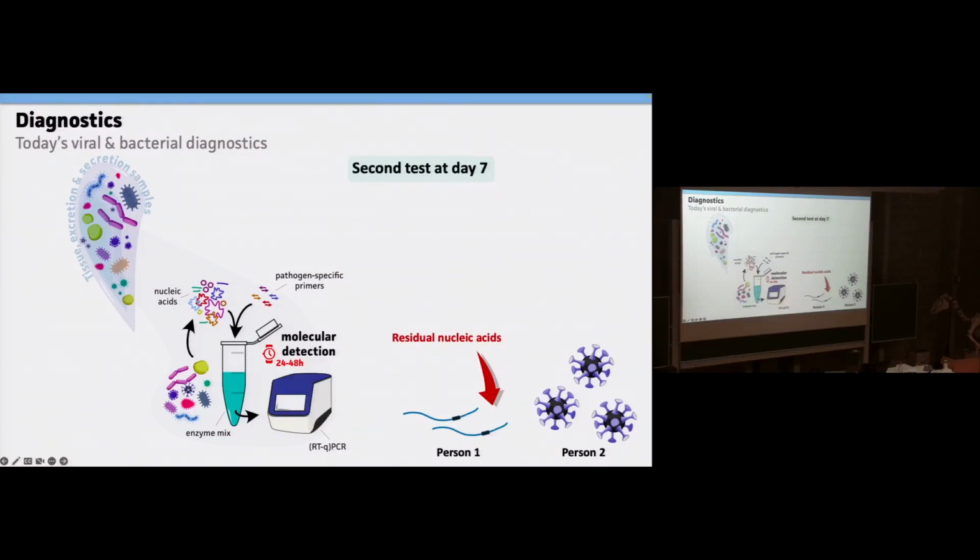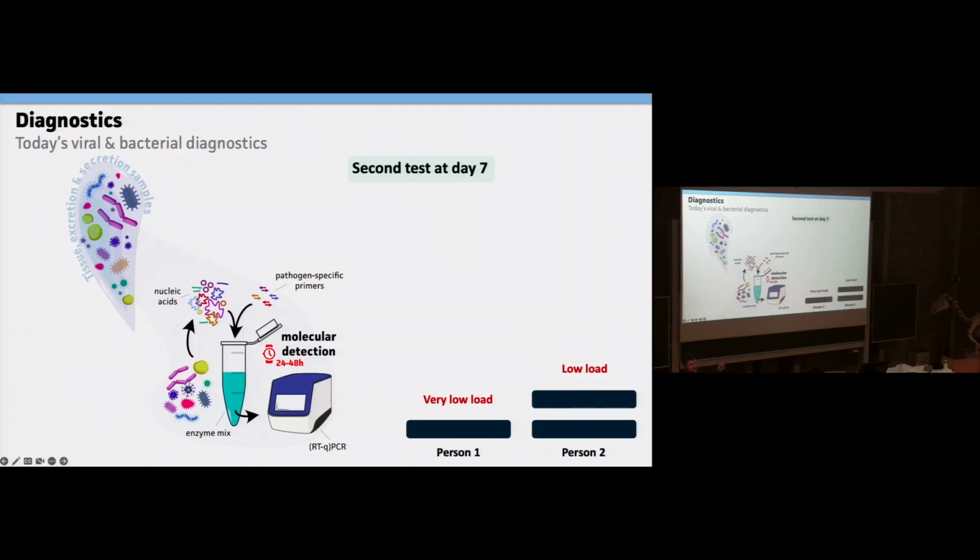However, because we have this mucus in our nose, there might still be genetic material present in the nose, so we might still detect it with the PCR test because we are targeting the specific genetic material of the virus itself, while person 2 will remain at a low load, but it's still infectious. There the question is, what's the cutoff to determine if somebody is still infectious or non-infectious in this case?